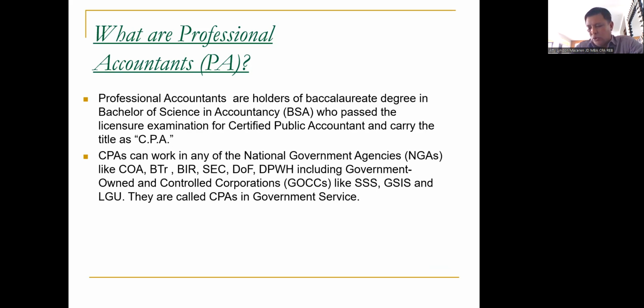Now, these persons working with the national government or the local government are called the CPAs in government service.